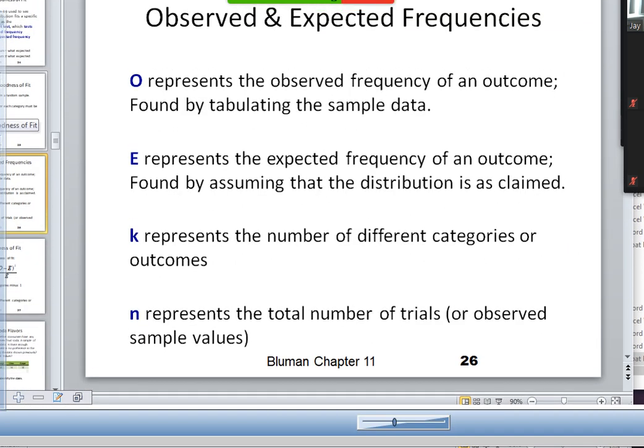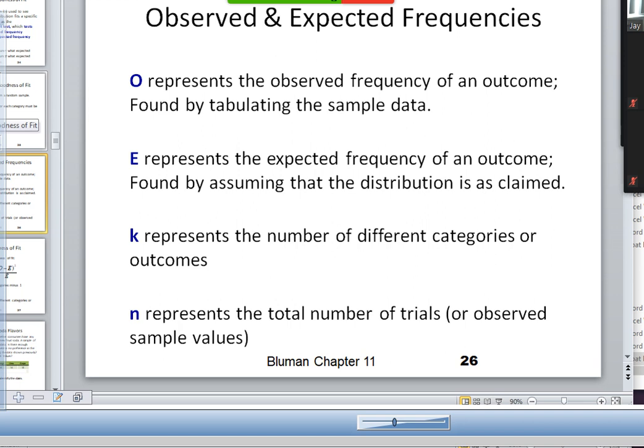Right, are these things here? Maybe Robert, can you go and read them for us? O represents the observed frequency of an outcome found by calculating the sample data.